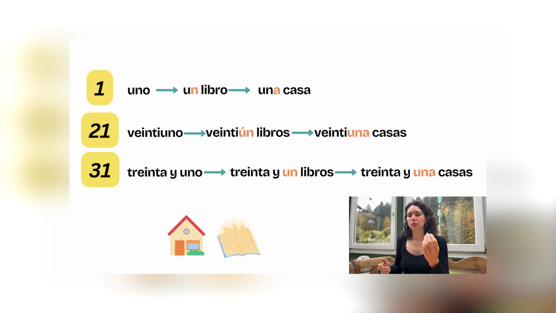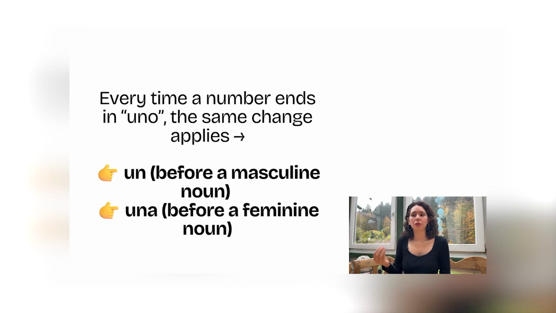For example, 31: treinta y un libros, treinta y una casas. So it's just about the correspondence with gender, but this exception is just with 1 and numbers that end in 1. So every time a number ends in uno, the same change applies. Un before a masculine noun and una before a feminine noun.